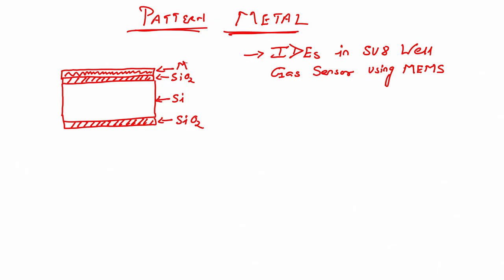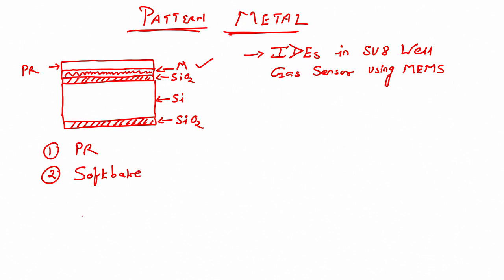If I want to pattern this metal, then the first thing I will do is spin coat photoresist, right. Then you know what the next step is after spin coating. Step 1, spin coat photoresist. Step 2 is soft baking, right, soft bake, 90 degrees, 1 minute, hot plate. Step 3, load mask.